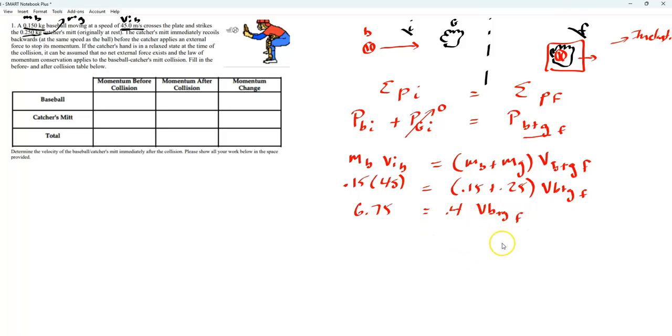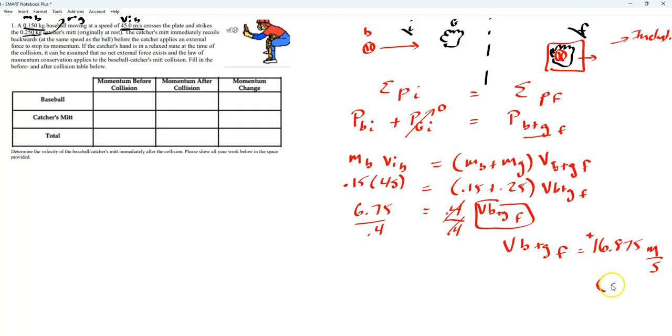We need to solve for the final velocity, so we're going to divide by 0.4 on both sides. And you end up with the final velocity of the ball and glove together being 6.75 divided by 0.4, which is 16.875 meters per second. It's positive. The positive indicates the direction of the motion, which is to the right. So we've determined the velocity of the ball and catcher's mitt immediately after the collision.